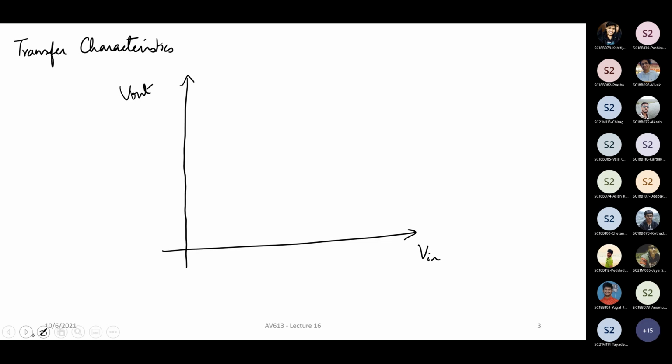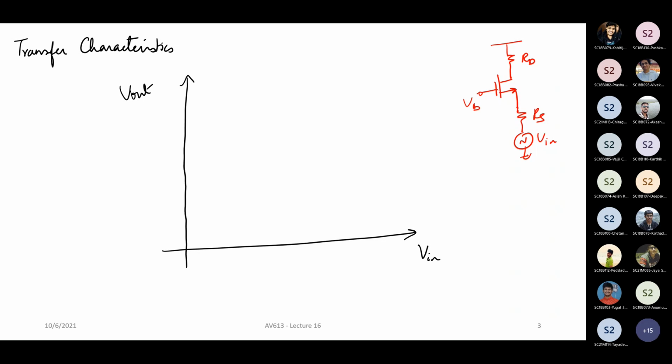So this is a large signal perspective to understand how the circuit is going to work. So let's look at this circuit. Let's say this is RD, this is your common gate. For this analysis, let's just say you have something like this, Vin, Rs, this is your Vb, correct?